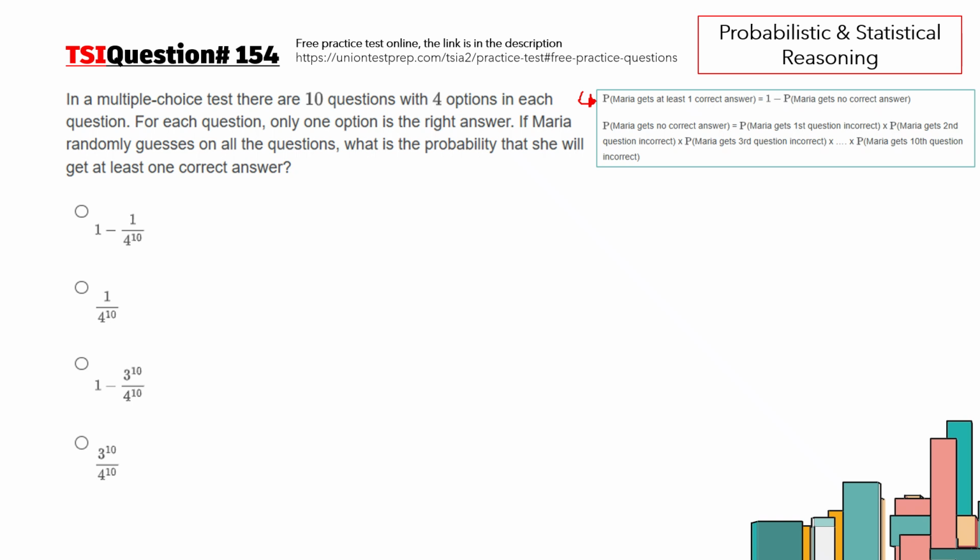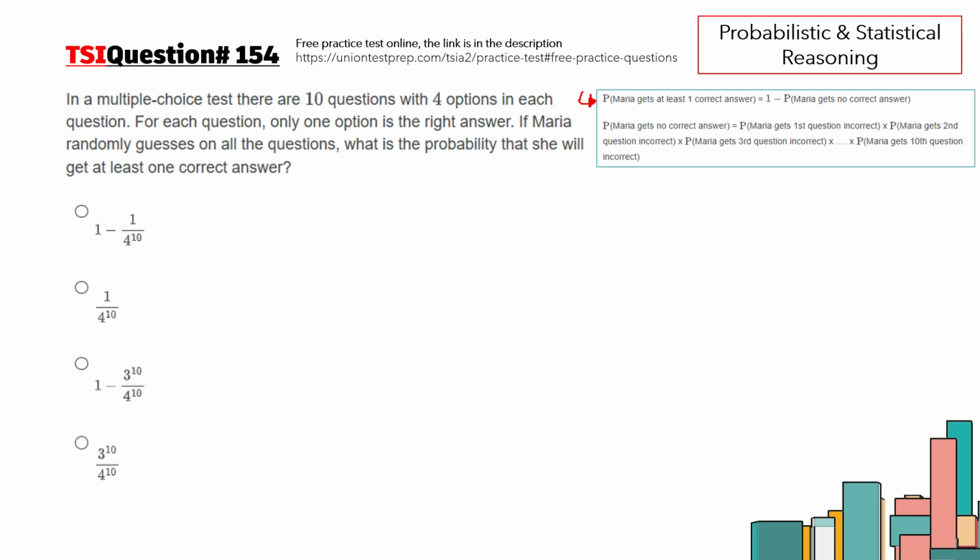Because she may get a correct answer for the first question, or the second, or the third, or the fourth, and then we can add up 2 questions right, and then 3 correct questions, 4 correct questions, 5 correct questions, and so on.